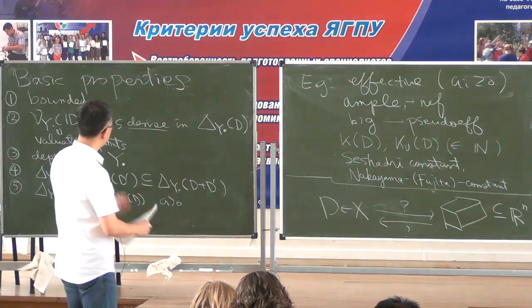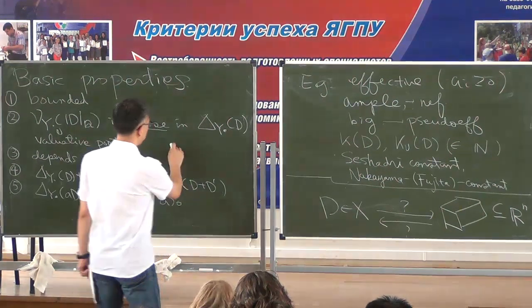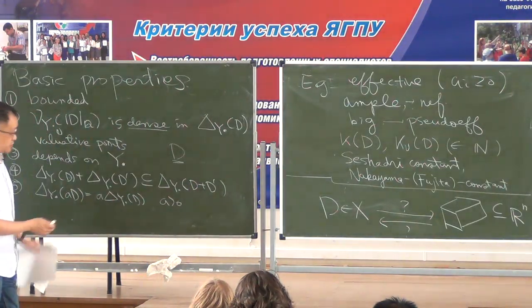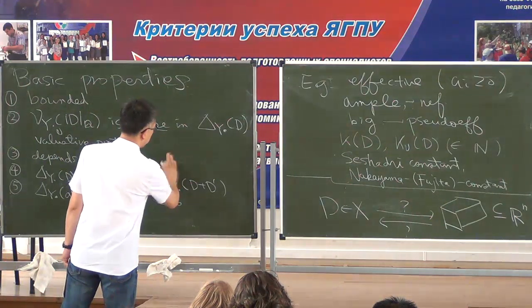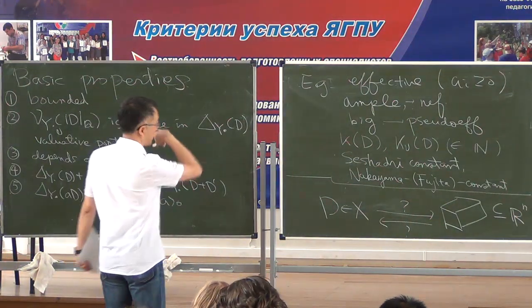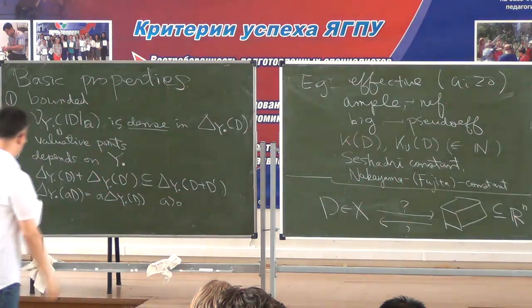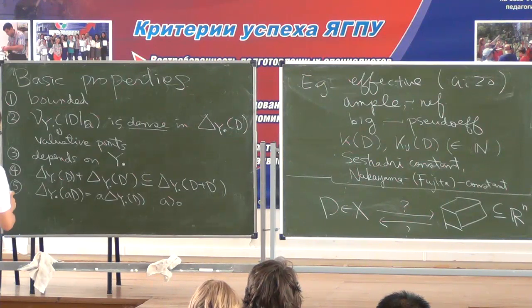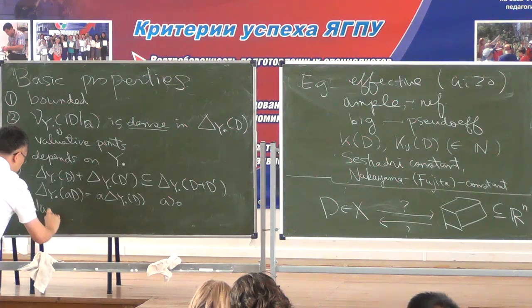So first you define it for Cartier divisors, and then you can extend the construction to Q-divisors. But from the beginning, I already used Q-divisors. This next one is actually a theorem, a very important theorem. It's numerical.